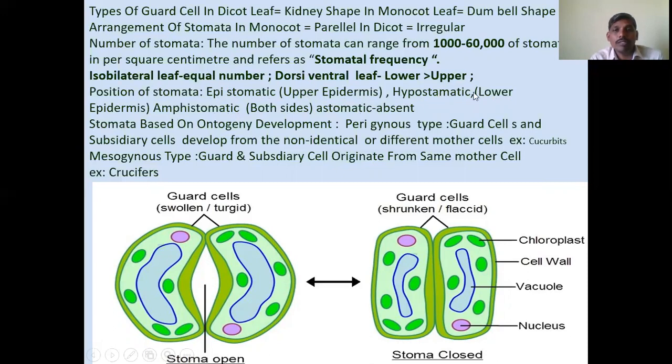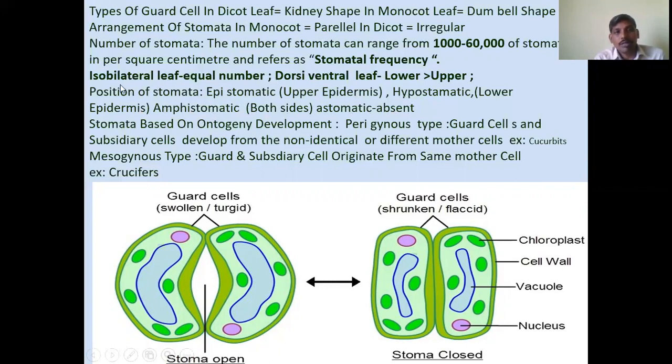If stomata are restricted to only the lower epidermis, that is known as hypostomatic. If stomata are absent in the leaves, that is astomatic. Examples are submerged aquatic plants. Epistomatic, hypostomatic, amphistomatic, and astomatic: this is the position of stomata.